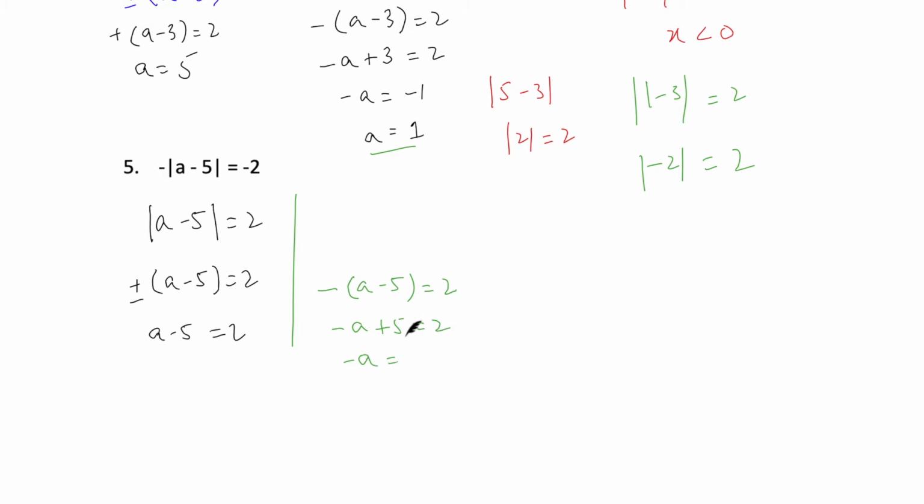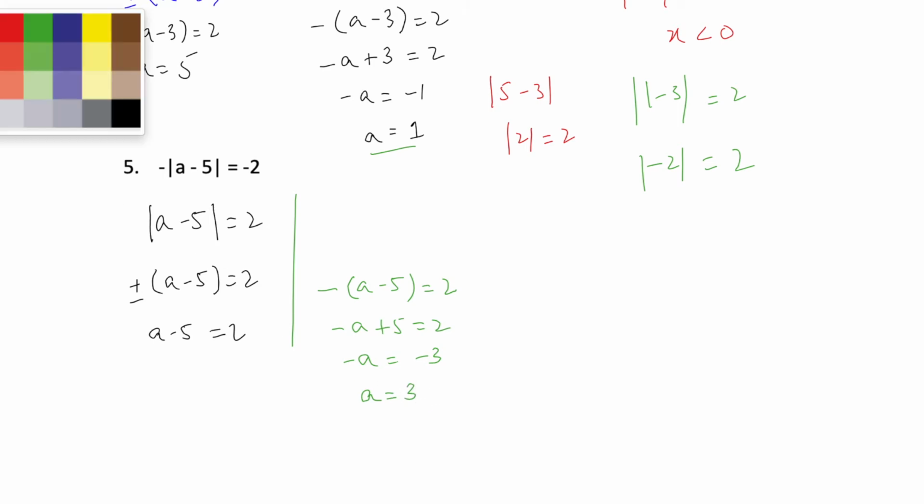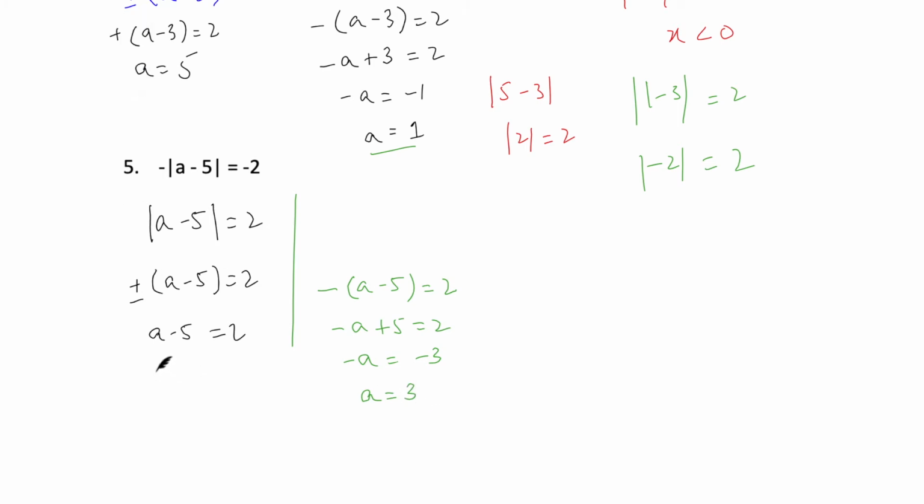Minus a is 2 minus 5, minus 3, and a equals 3. This is one answer. Let's solve the positive one, and this is a equals 2 plus 5, 7. You can test these answers as well. Put 7 and 3 into this equation and you will see you will get minus 2.